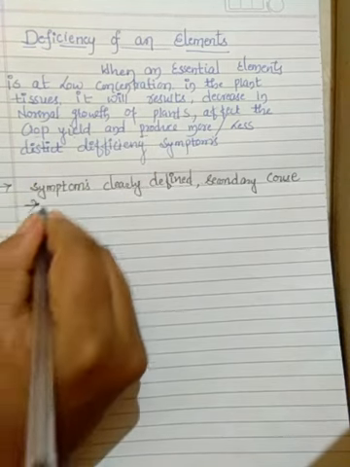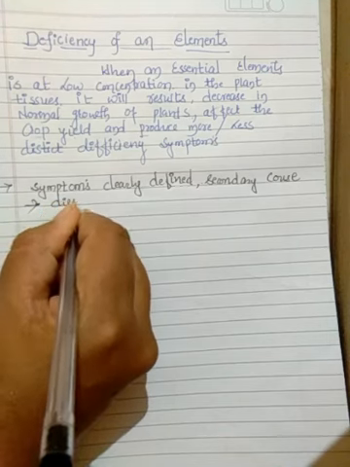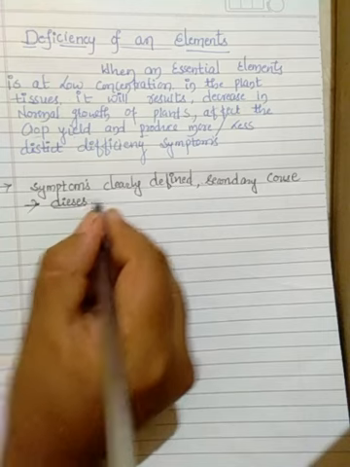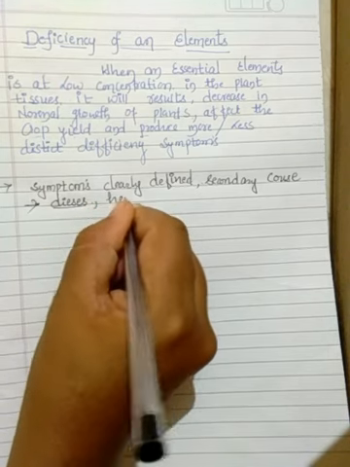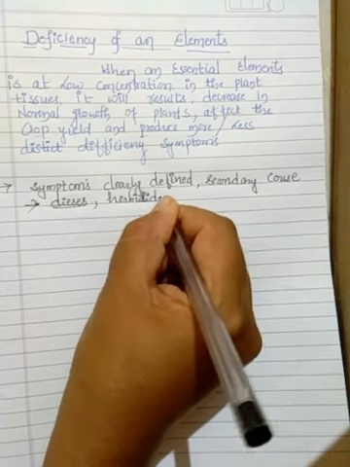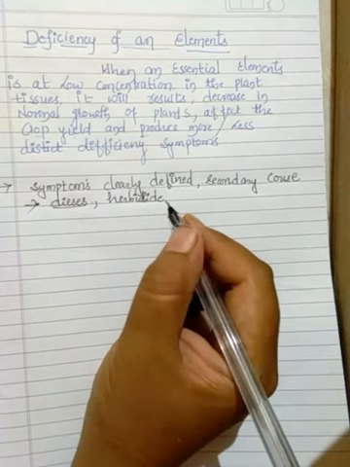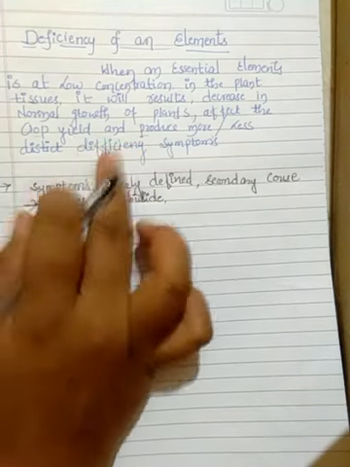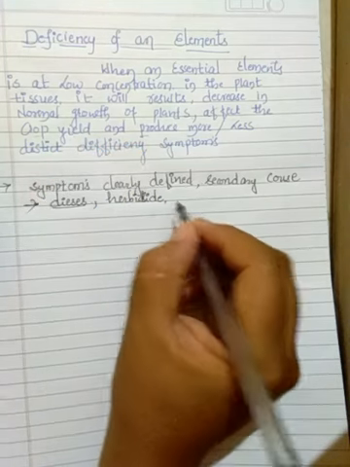Why? Disease may happen to that particular plant, or it may be because of herbicides we are using to remove weeds from that particular crop area.